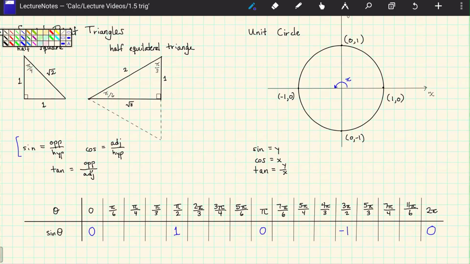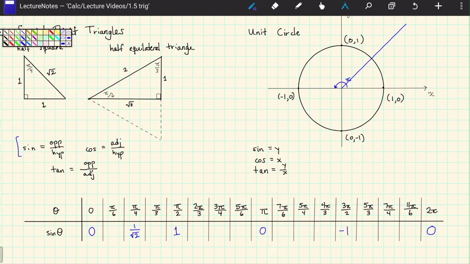So the sine of pi over 4, I'm going to look at the special right triangle here. The sine of pi over 4 is opposite over hypotenuse. So that's 1 over square root of 2. So looking here, this is 1 over square root of 2. And if I look at this on the unit circle, I'm going to put my angle there.